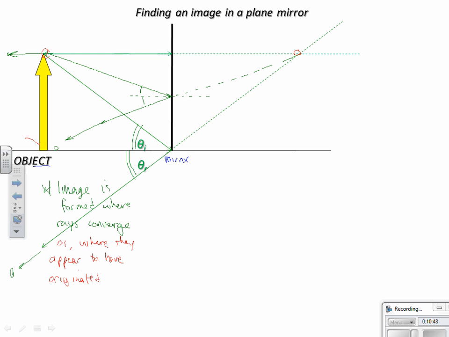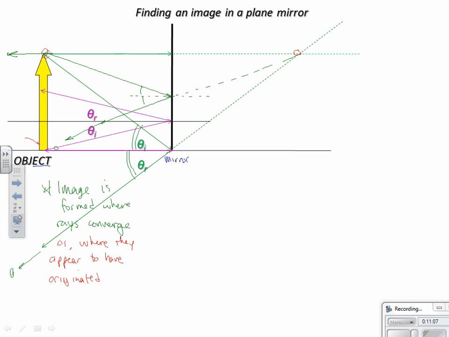If we want to figure out where the image of the bottom is, I'll do the same thing. Ray going in, ray coming back. Any other old ray hits the mirror, bounces off, again, such that those two angles are the same. They have to be the same.